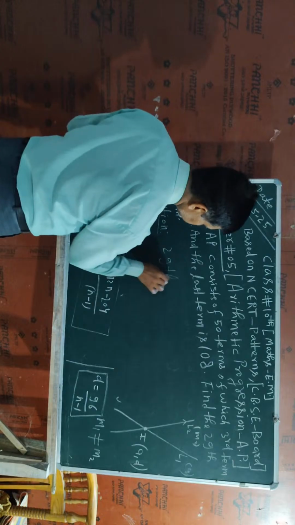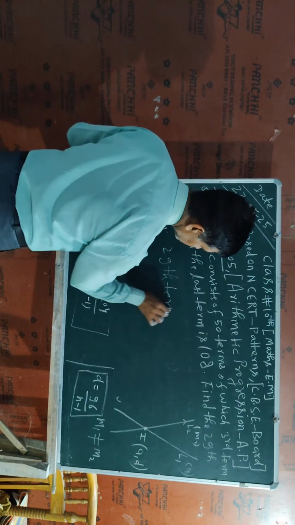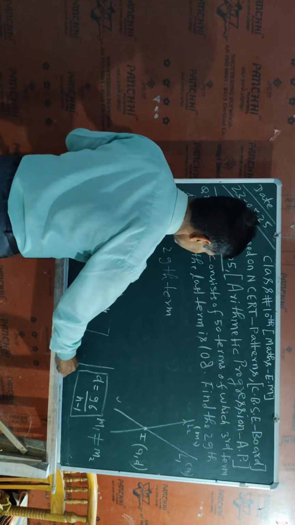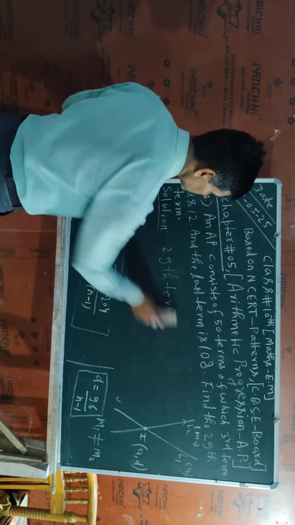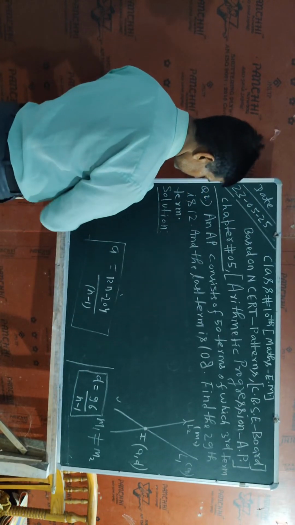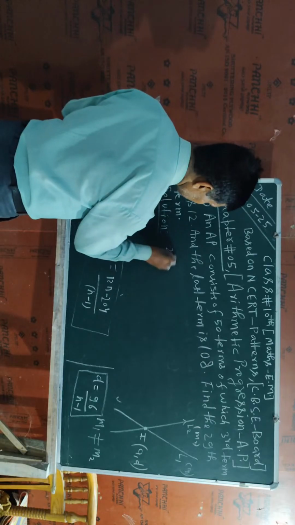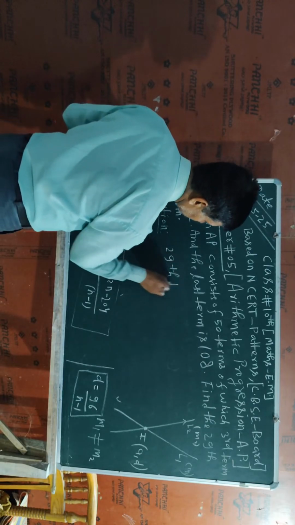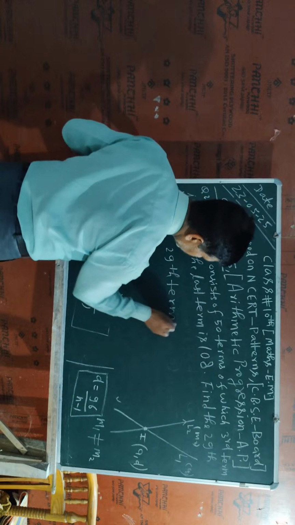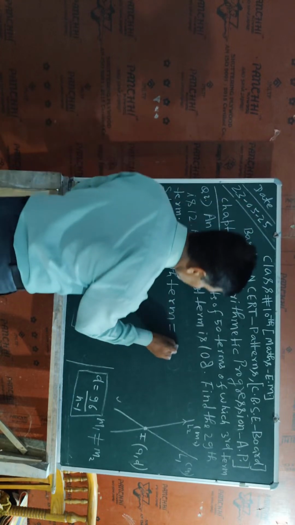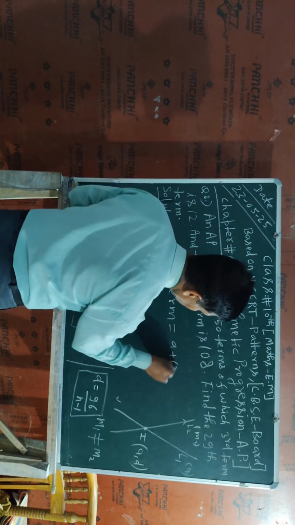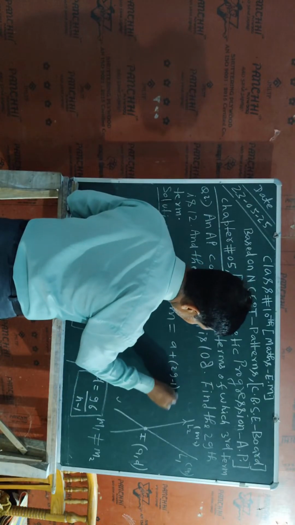The 29th term of an arithmetic progression is a plus 29 minus 1 into b.